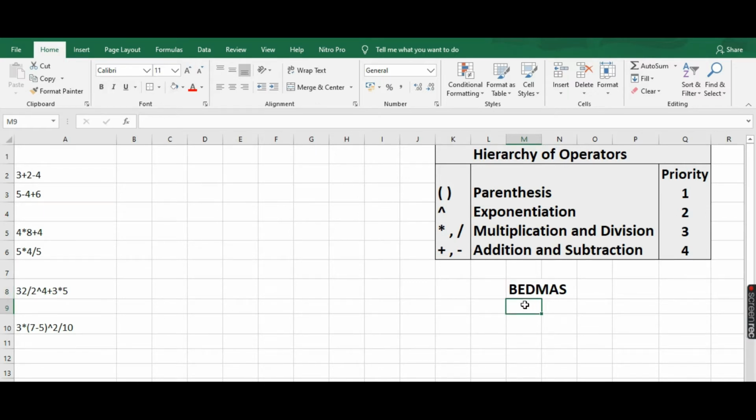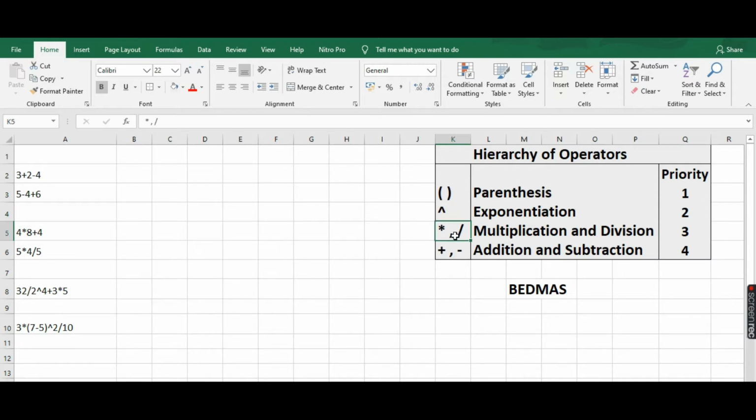For calculating any arithmetic expression in MS Excel, Excel follows the hierarchy of the operators. This is the chart of the hierarchy of operators according to their priority or precedence. If an expression contains a parenthesis, then the parenthesis is evaluated first, followed by exponentiation.